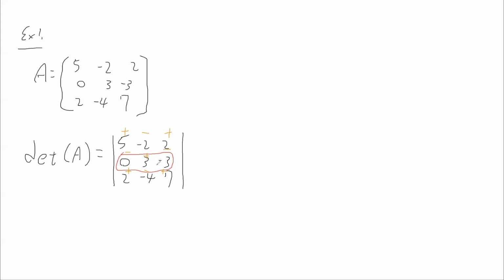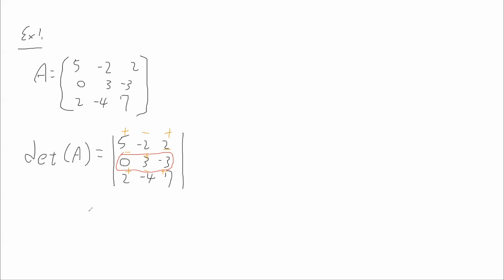We're looking for these 3 values: 0, 3, and -3. The entry right here is going to be negative. The entry right here is going to be positive. The entry right here is going to be negative. It's actually a coincidence that the sign matches the sign of the entries, but notice that the signs in orange represent the signs of that spot, whether it's a positive spot or a negative spot.